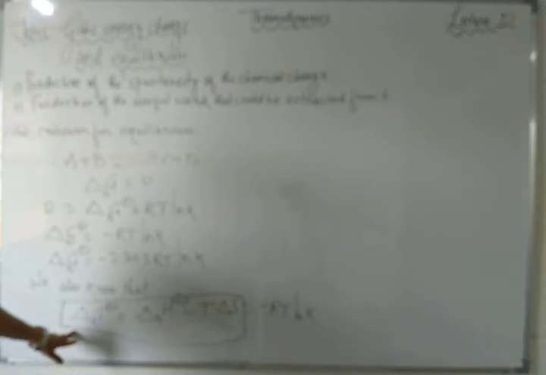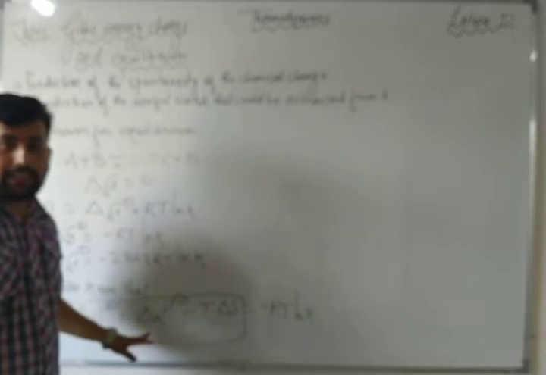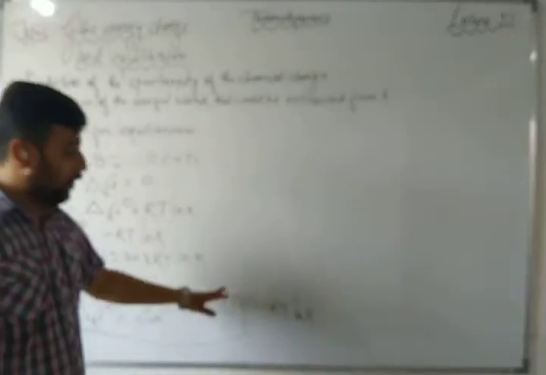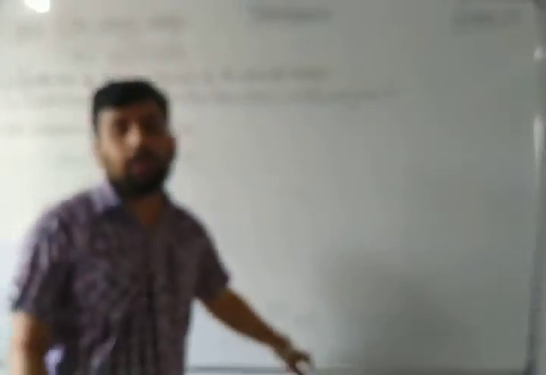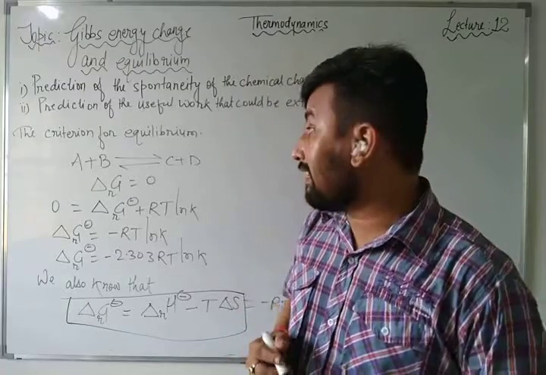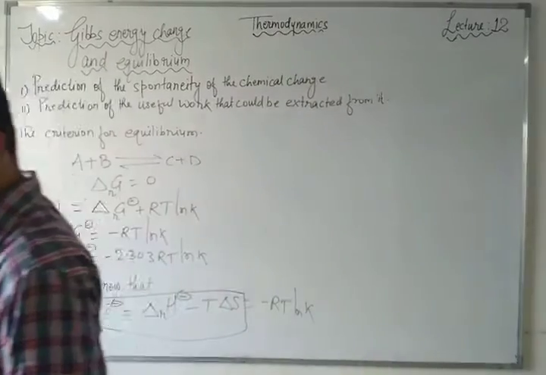So here you can see the change in Gibbs free energy of reaction is equal to the change in enthalpy of reaction minus temperature into change in entropy, which is also equal to minus RT log K. What is it equal to? Minus RT log K. If you have not written this, then please write this in your notebook.